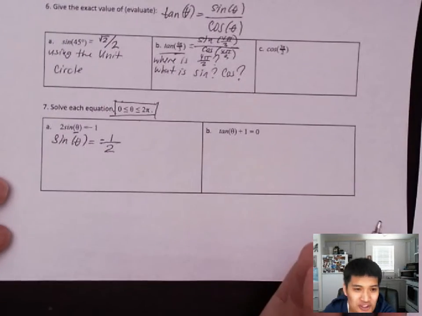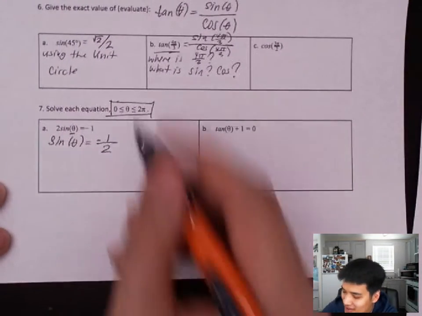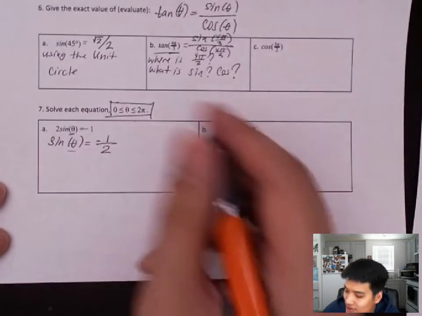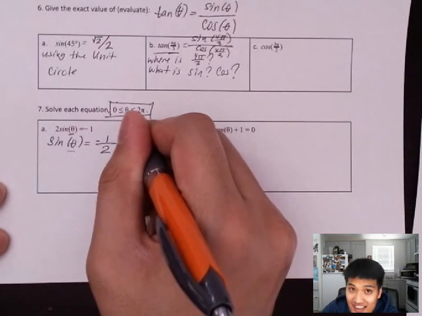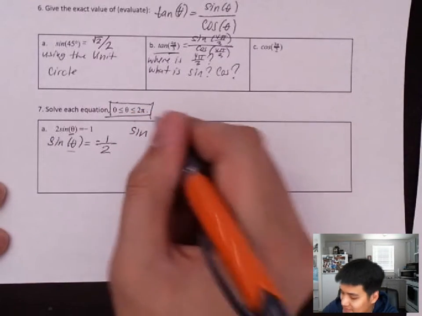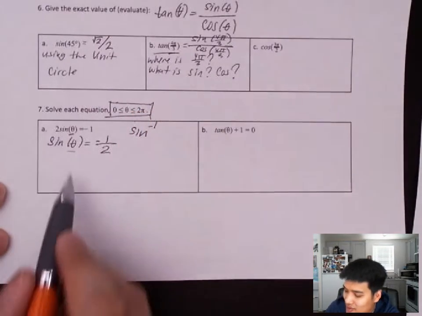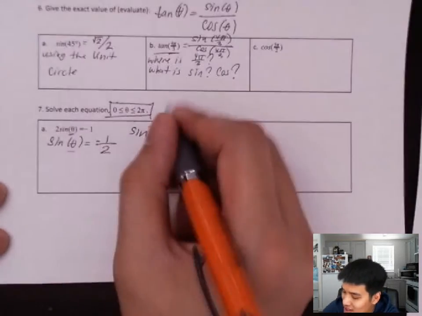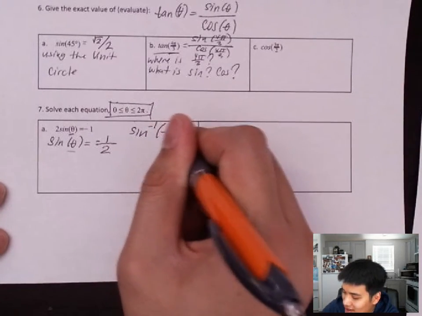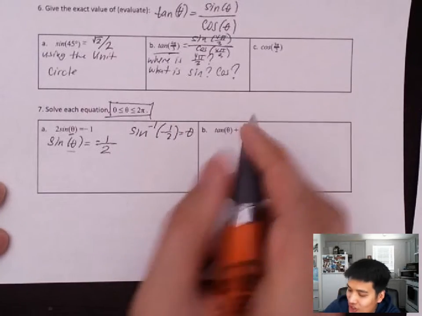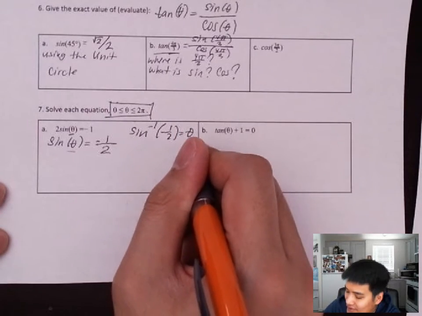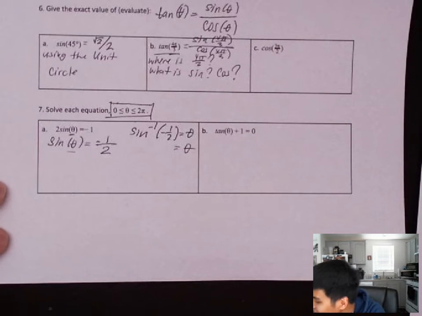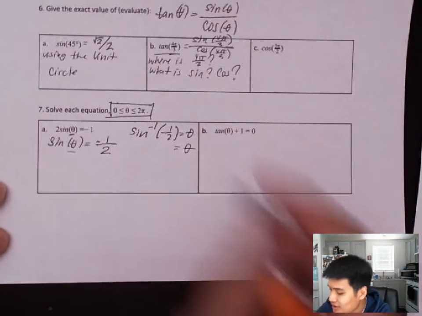So if you're to use a calculator to find the angle, one thing you can do is take the inverse of the sine. What the inverse does, remember, is it swaps the inputs and outputs. So if you put this in your calculator, you're going to get an angle of, let me see, I believe it would be -30 degrees.